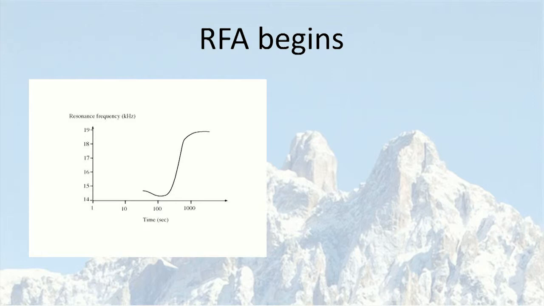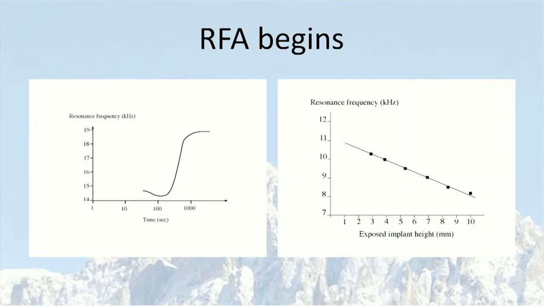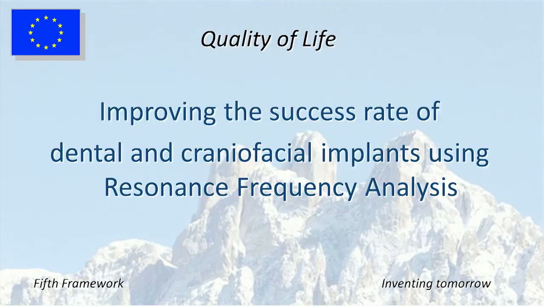And in this part, we have a linear relation between the time and increase of resonance frequency. And this is showing the relationship between exposed implant height and resonance frequency. Here we have an implant placed in an aluminum block at different heights above the aluminum block. And we also have a linear relationship here.